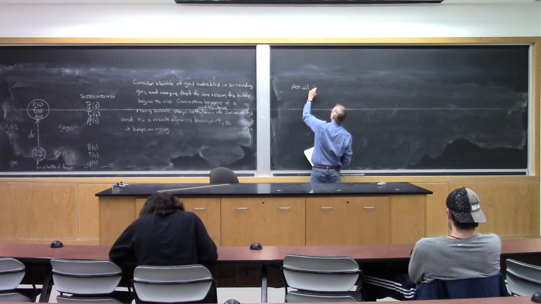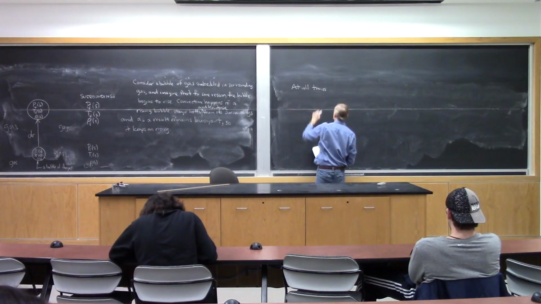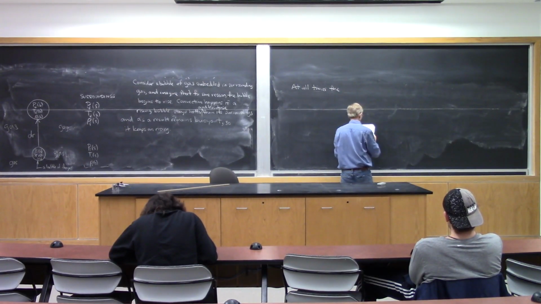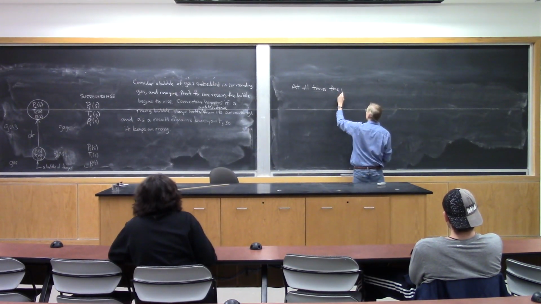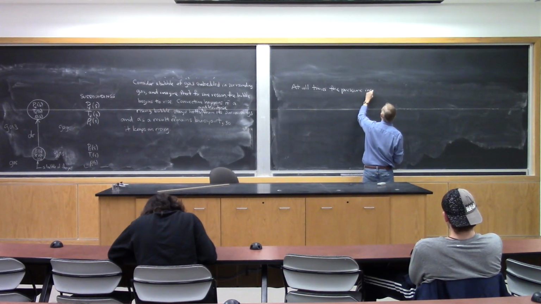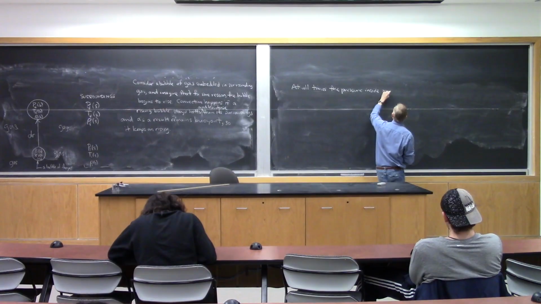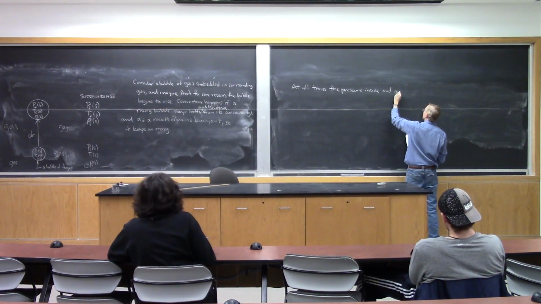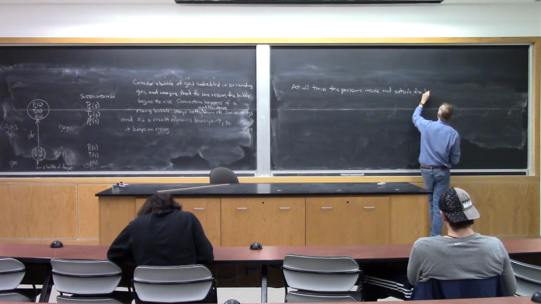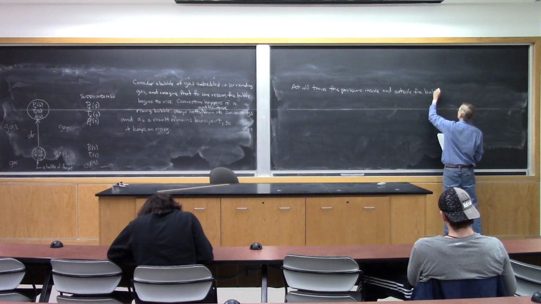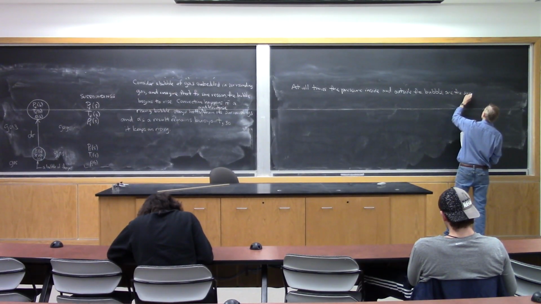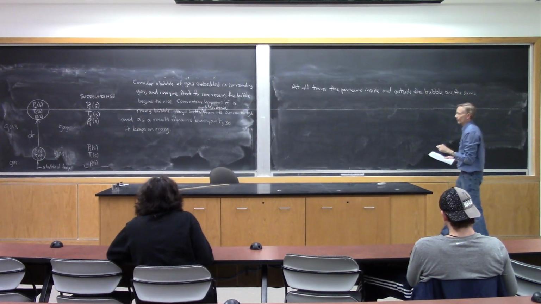At all times, the pressure inside and outside the bubble are the same. That's a really good approximation. The bubble has to remain at the same pressure as its surroundings.